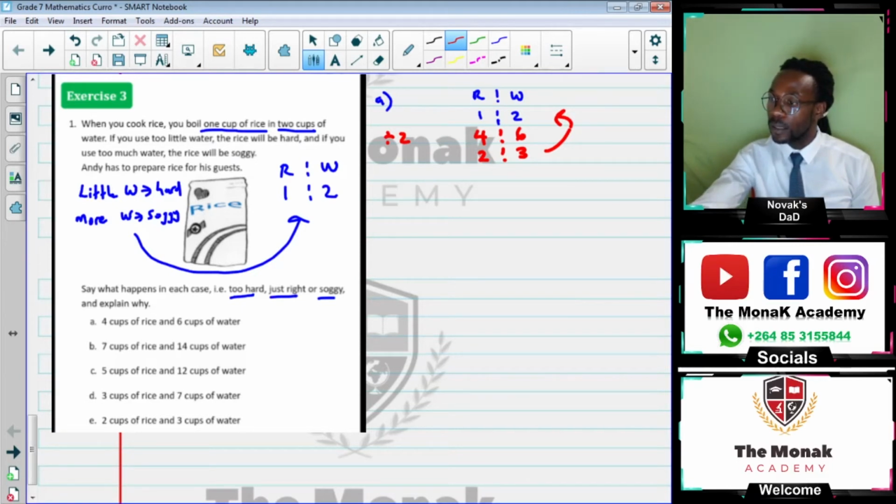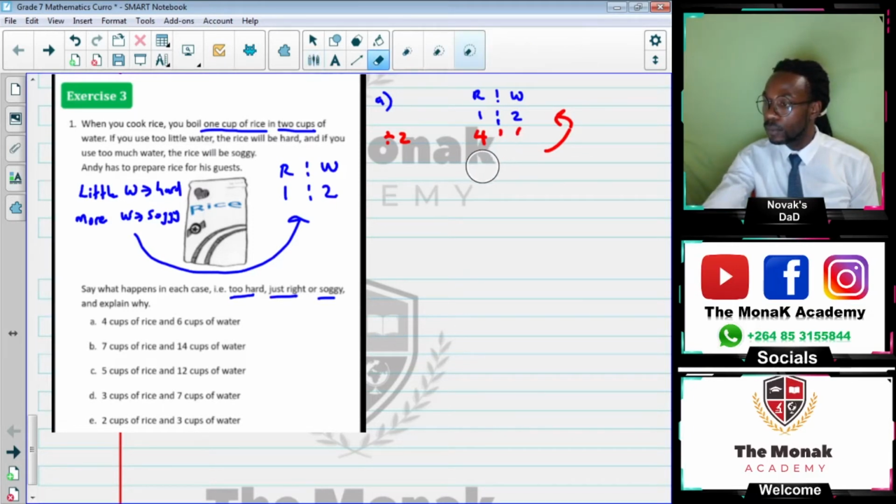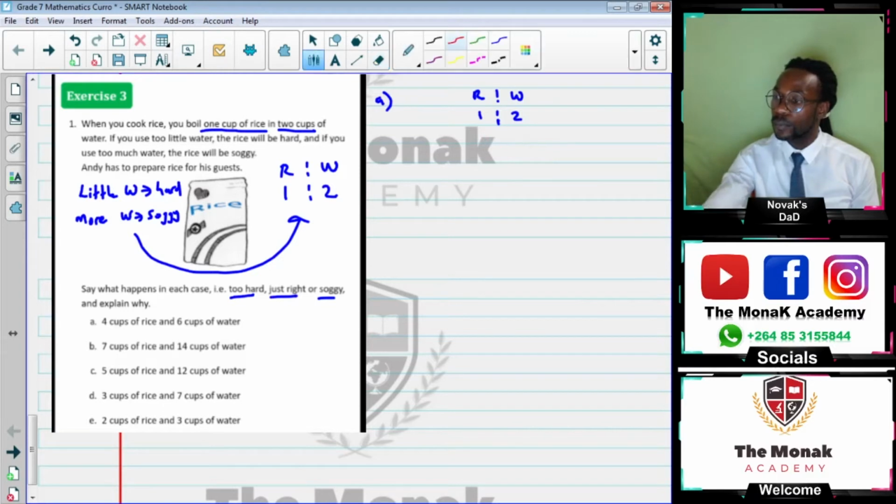So remember, what we have is 4:6. In order to compare this with the original, it means the rice part must be 1. And how do we get 1? The only way to get 1 is to divide by 4.